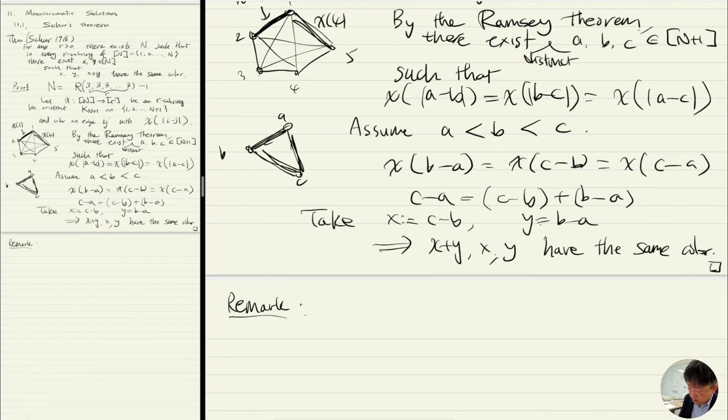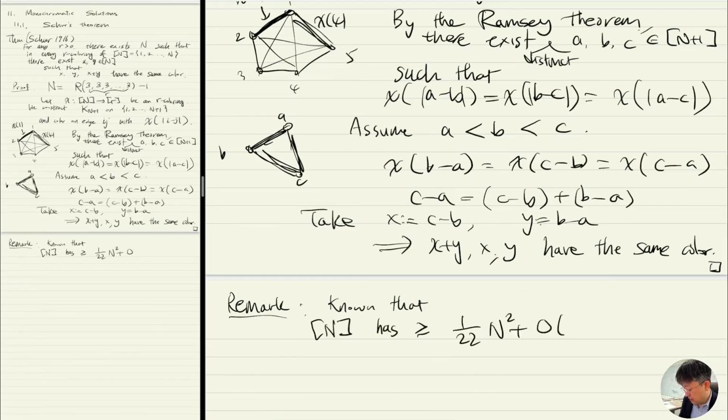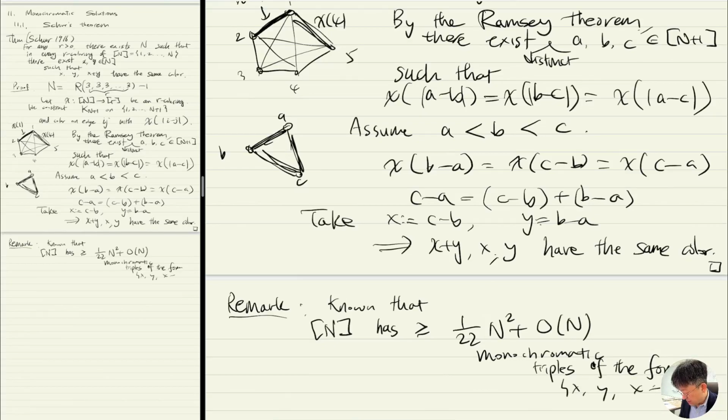It's known that [N] has at least N squared over 22, up to big O of N, monochromatic triples of the form x, y, and then x plus y.